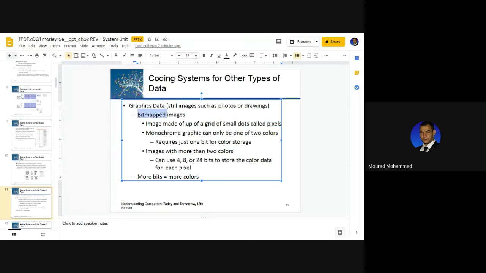For the specific type, the bitmap images, they have a range of colors to be utilized to display the images, because there are models of displaying the input, and I'm talking about the input and the display also.